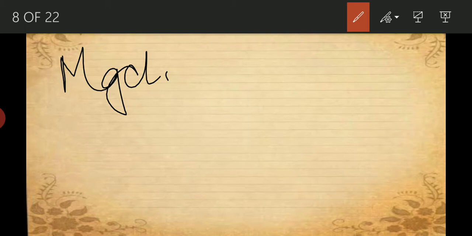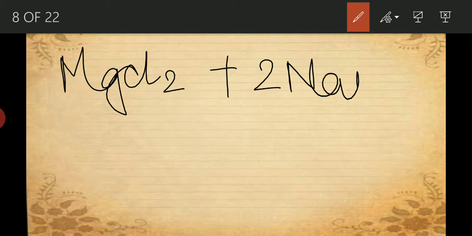Let's take magnesium chloride as the example of magnesium containing salt. MgCl2. Clear? We will react this MgCl2 with sodium hydroxide. I am writing balanced reactions.